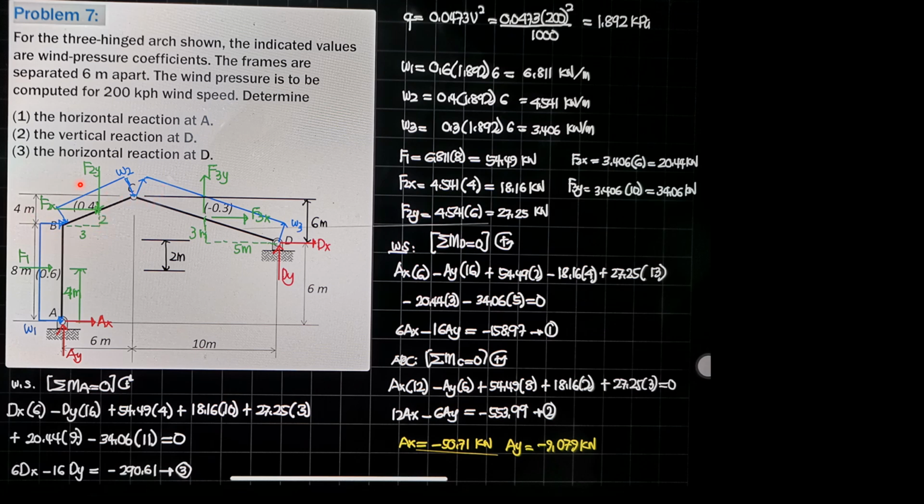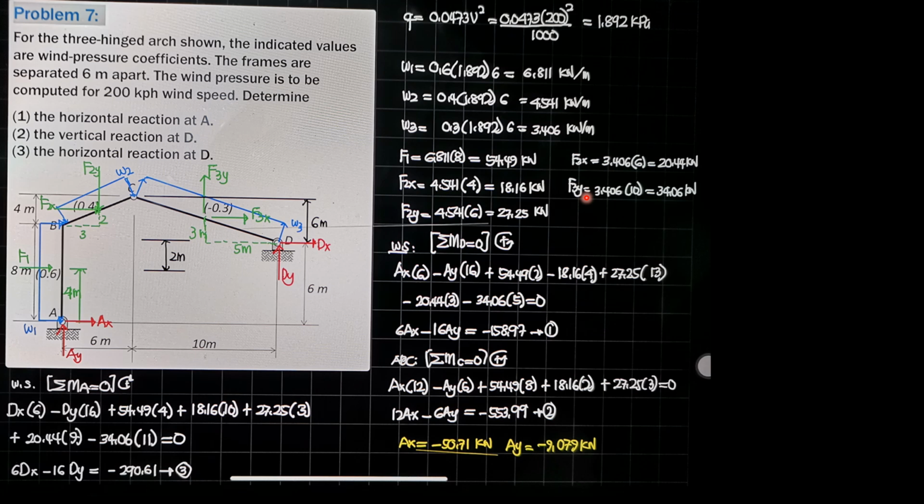Then F2y is wind load W2 times horizontal projection, which is 6, so it is 27.25 kilonewtons, and it's acting through the centroid, so half of 6, 3 meters from B, 3 meters also horizontally from C. Then F3x is wind pressure W3, 3.406 times vertical projection 6, so it is 20.44 kilonewtons, and it's acting through the centroid, so half of 6 is 3, half of 10, 5.